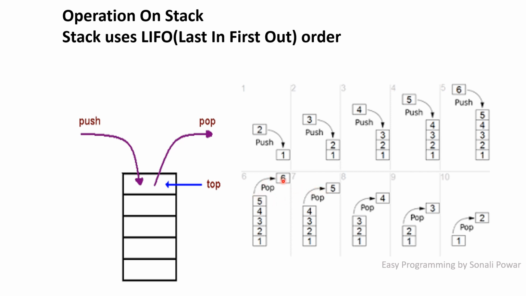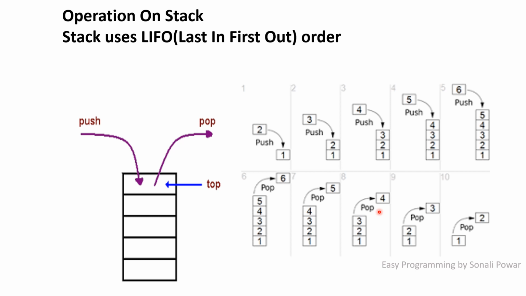So after removing 6, this is your stack, and the top will be 5. If you perform the pop operation again, it will pop the 5, and this is your resultant stack. If you apply the pop operation again, it will remove the 4.